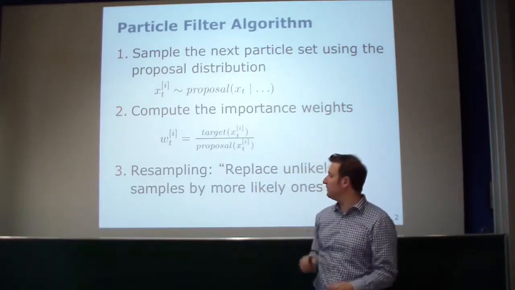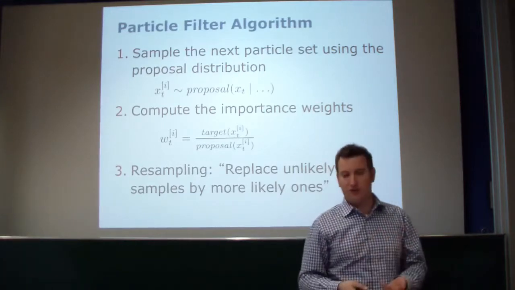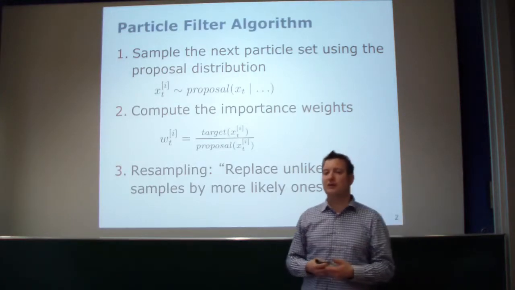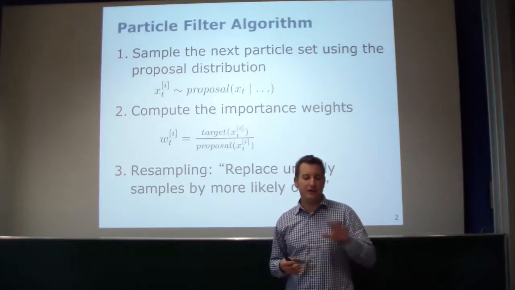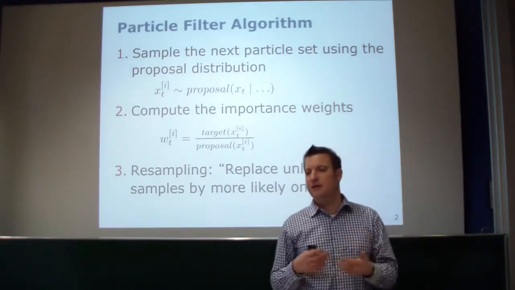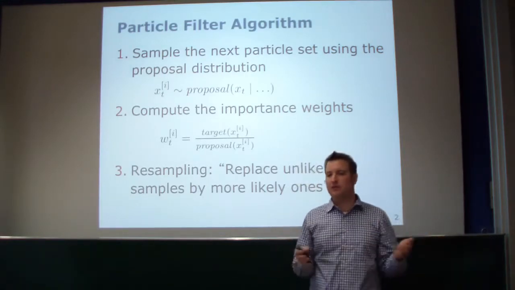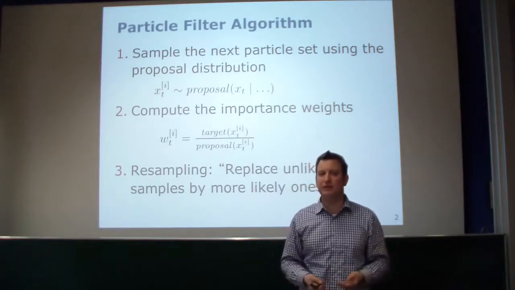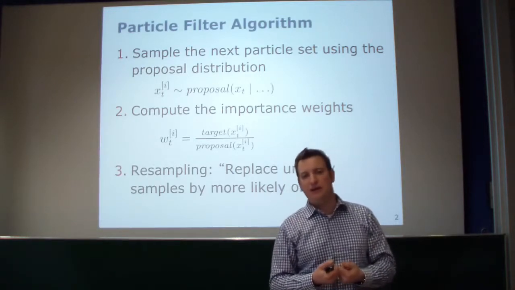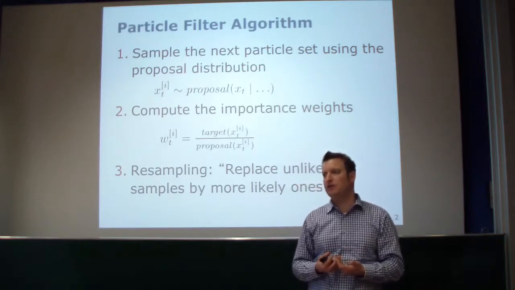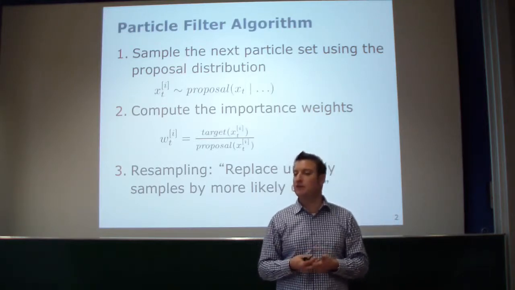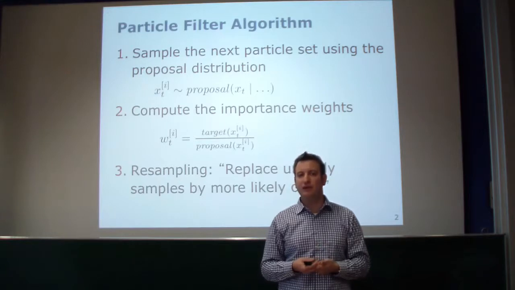The third step is the resampling step, where we use the standard low variance resampling that we introduced before in the particle filter. The idea is to eliminate samples which have a very low weight and replace them by samples that have a high weight. This is done because we only have a finite number of particles to approximate our distribution.